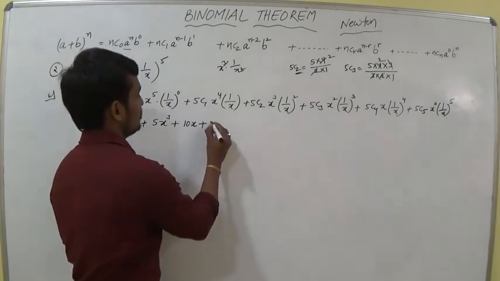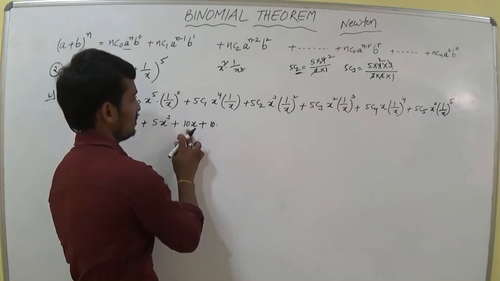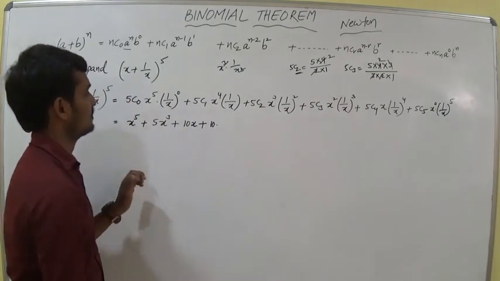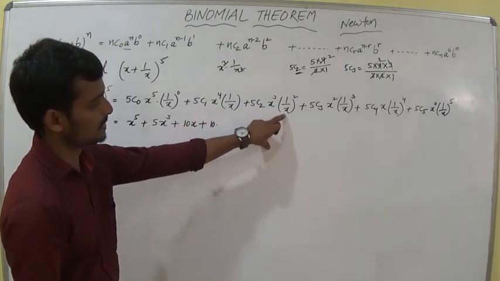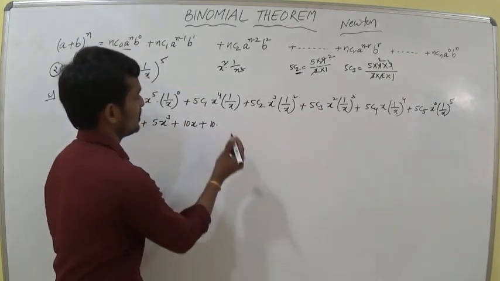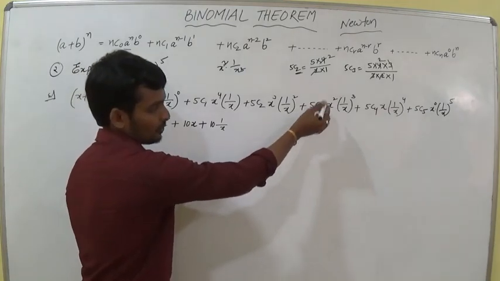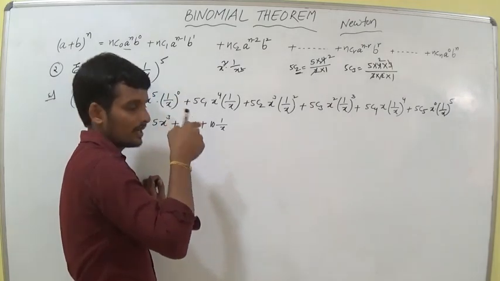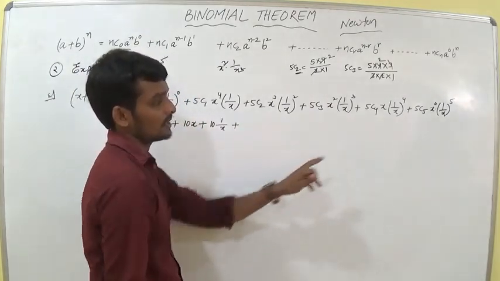Yes, 10. 10 into x square, 1/x cube. x square into 1/x cube, x square cancels with x cube, x times, so 10 into 1/x. Plus 5C4, 5C4 is equal to 5C1.